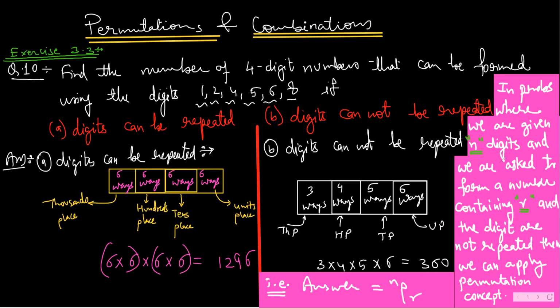If you have a 0 digit in these n digits, then you cannot directly apply. So here I will write: in problems where we are given n non-zero digits. That is, all the digits given are non-zero digits.